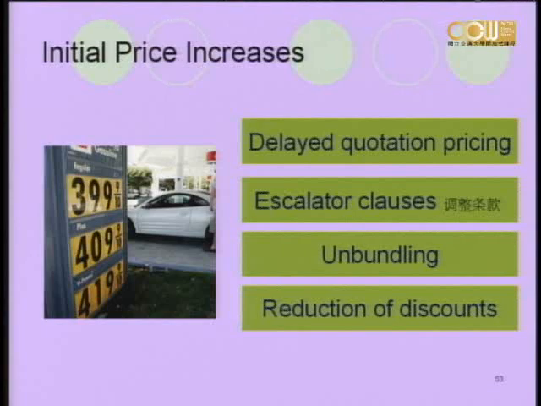Used to be free, but not free anymore. Unbundle the same. Usually I say the whole set, then I unbundle that. I say it separately. Okay. Deduction of discount. All right, 30% right now, only 20% discount. All right, so it's really not easy to increase the price, but you try to think of all the possible ways. Try not to decrease the price.